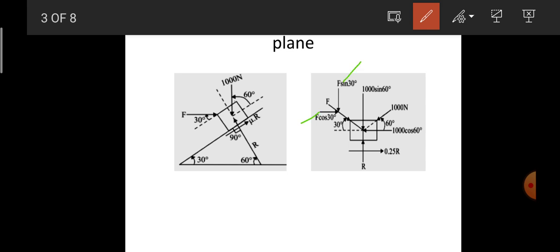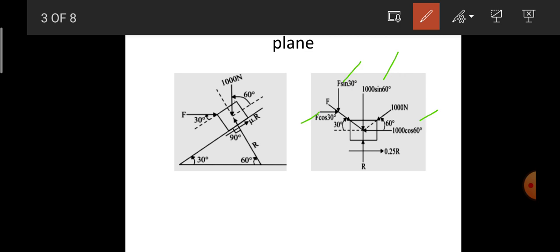Similarly, the 1000 newton weight is inclined at an angle of 60 degrees with reference to the horizontal axis, meaning 1000 cos 60 is the horizontal force acting in the left direction, and 1000 sin 60 is acting vertically downward.